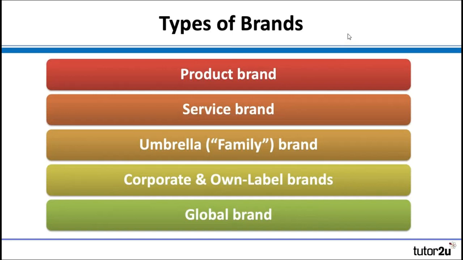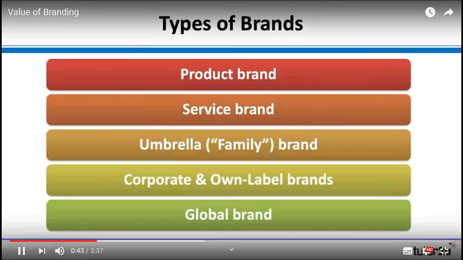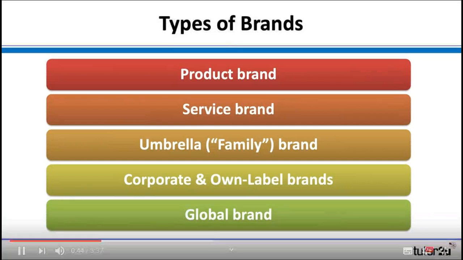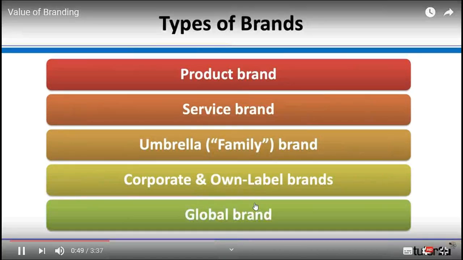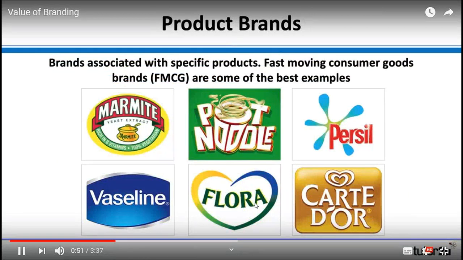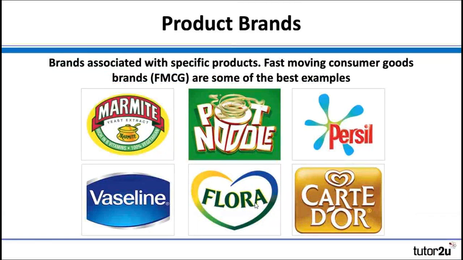Before we see what the value of branding can be, let's quickly remind ourselves of some of the different types of brands. You won't necessarily need to know all this detail, but let's look at some examples that operate in the market. You'll see very different types of product brands.